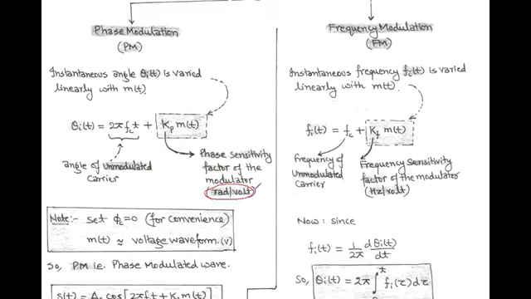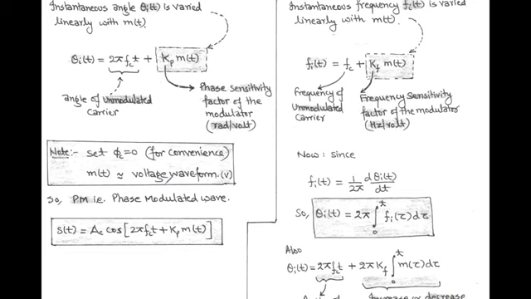Because we know that the instantaneous angle theta i is measured in radian and the message signal is measured in volts, so the unit of Kp is radian per volt. Here the first term is called the angle of the unmodulated carrier. So the instantaneous angle in case of phase modulation is equal to 2 pi fc t plus Kp into m(t).